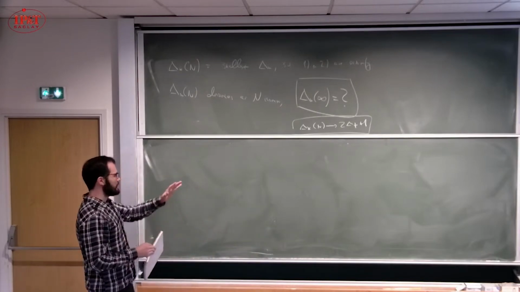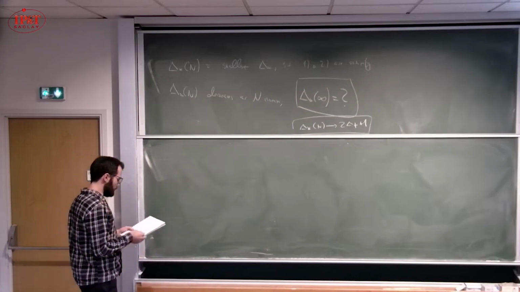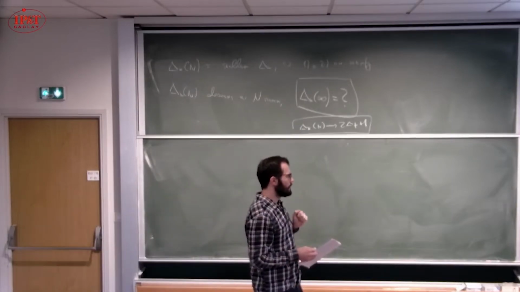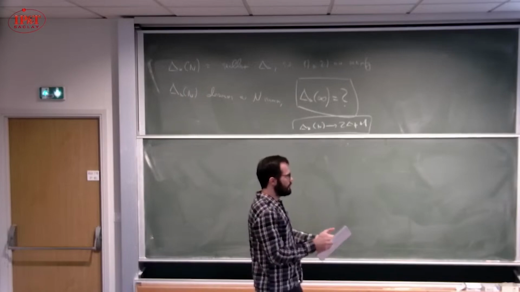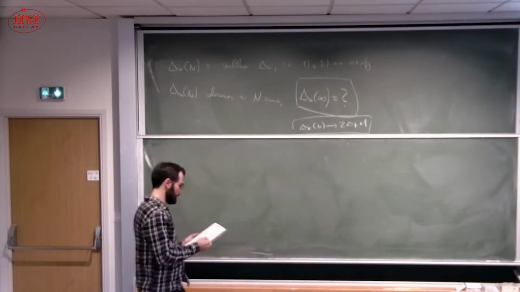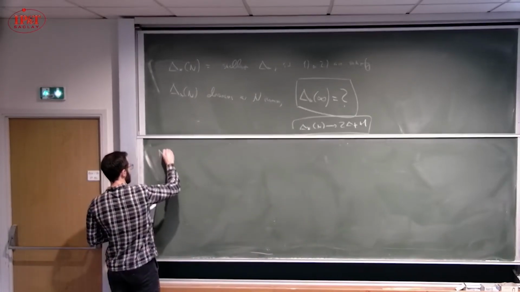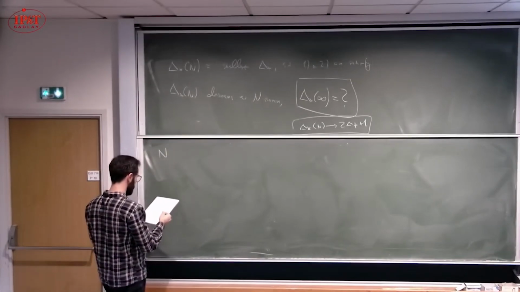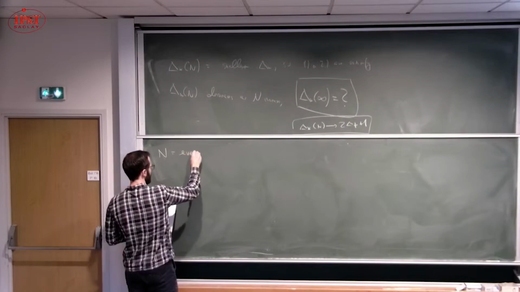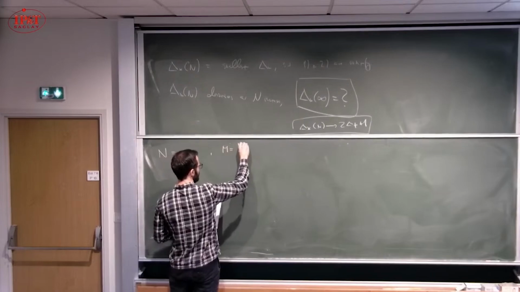Okay, let me actually say a little bit more about the finite dimensional case. The reason why for a given capital N you cannot improve the bound anymore is that there is actually a solution with positive coefficients with that given gap. So let's make this a little bit more precise. Let's set n to be even and take n to be n over 2.